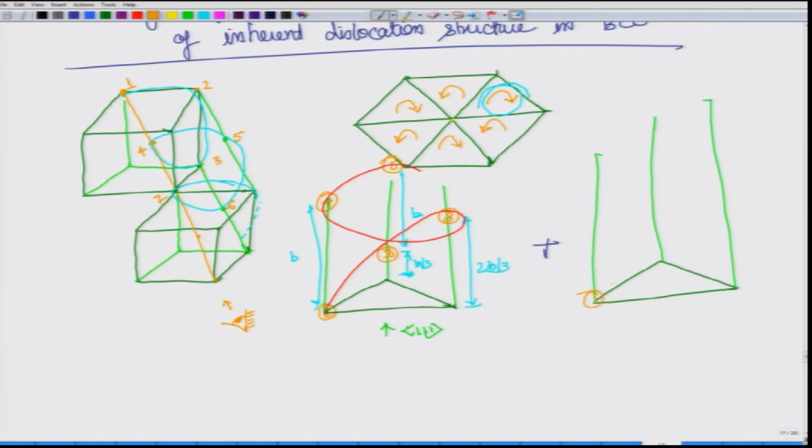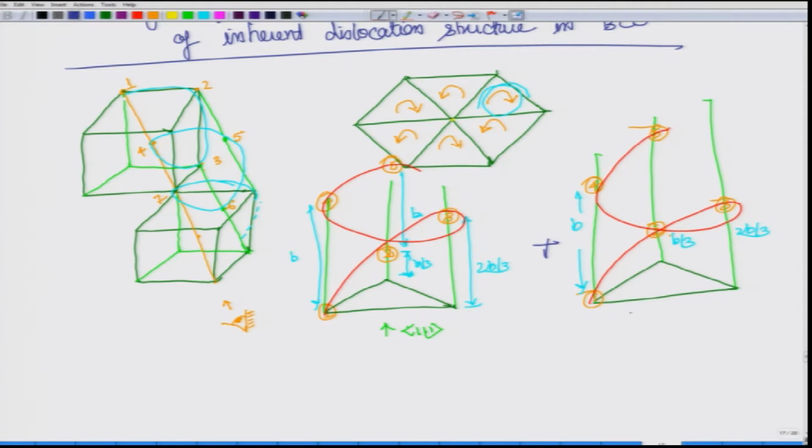So, we will have 1 over here, 2 over here, 3 over here, 4 over here. So, this will be equal to b by 3, this will be 2 b by 3, this is b, and so this is the spiral character, this is the dislocation.